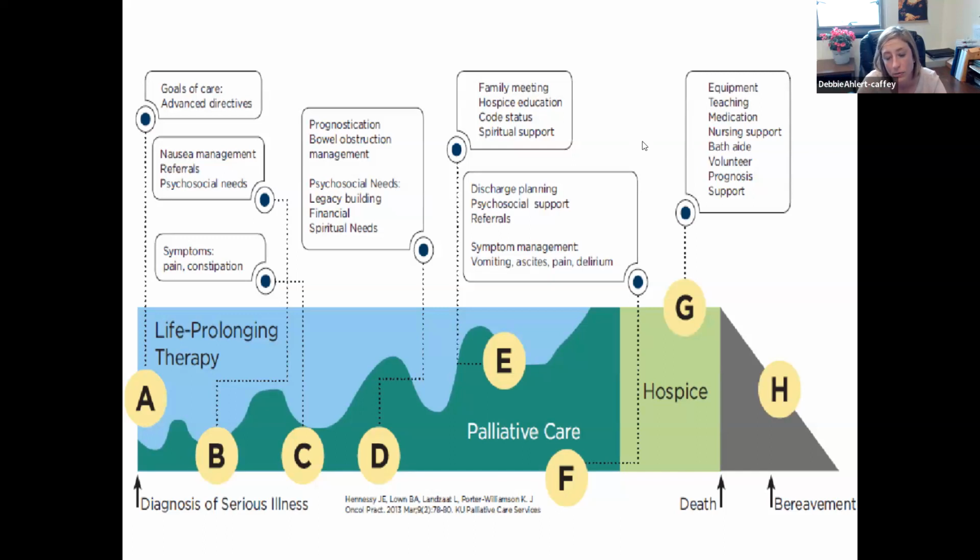Some patients are there quicker depending on the disease. Some are not, and follow with us in palliative care for many years. While hospice falls under the umbrella of palliative care, palliative care can be provided from the time of diagnosis of serious illness and concurrently with curative or life-prolonging treatments. And we will get to that in a minute with Debbie.